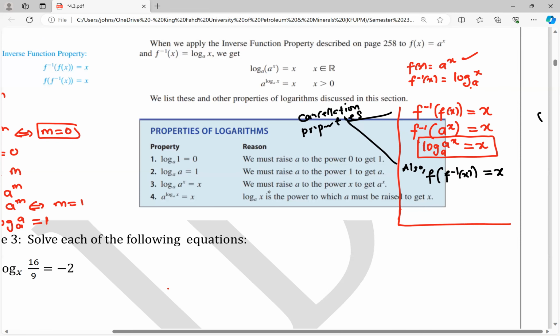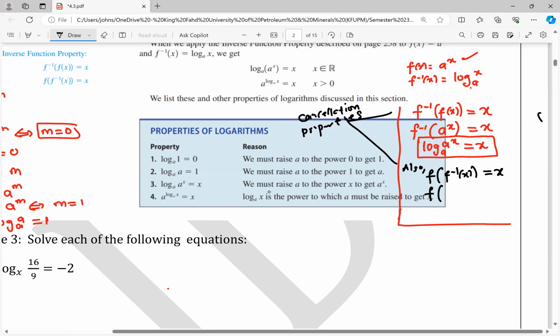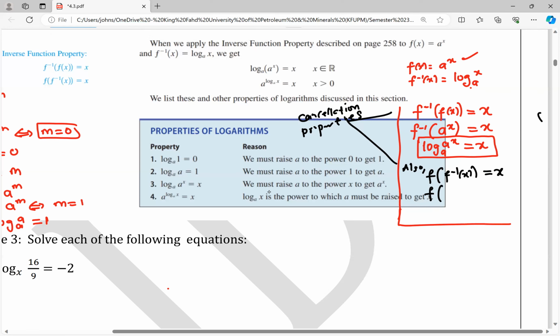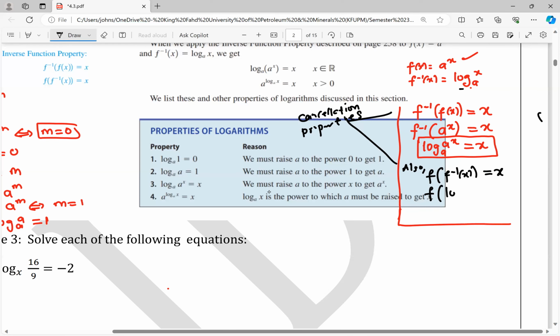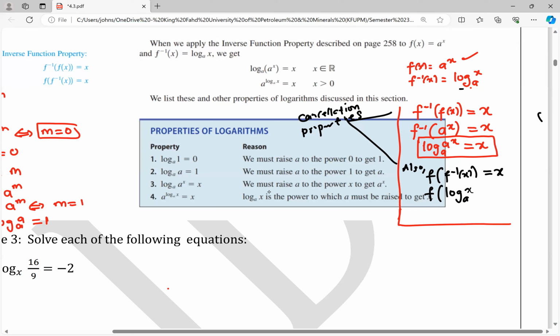Okay, so let's apply this. This is f of f inverse. F inverse is log to base a of x, and this is equal to x, right? Then what does f do? F will just be a to power x.